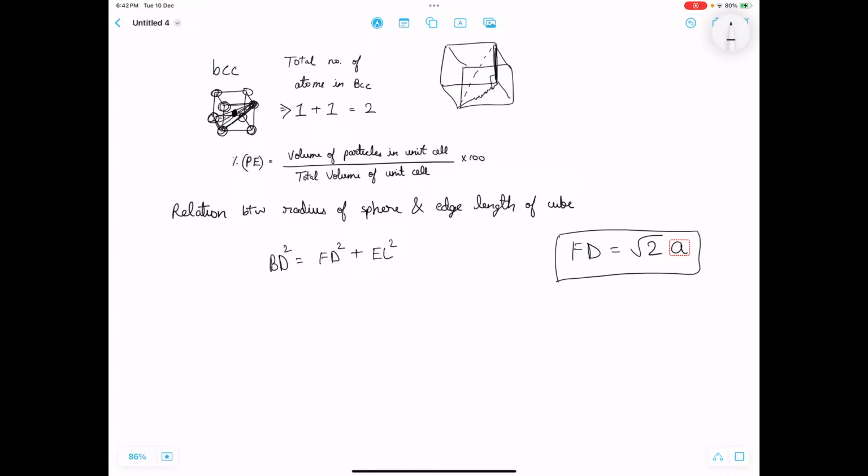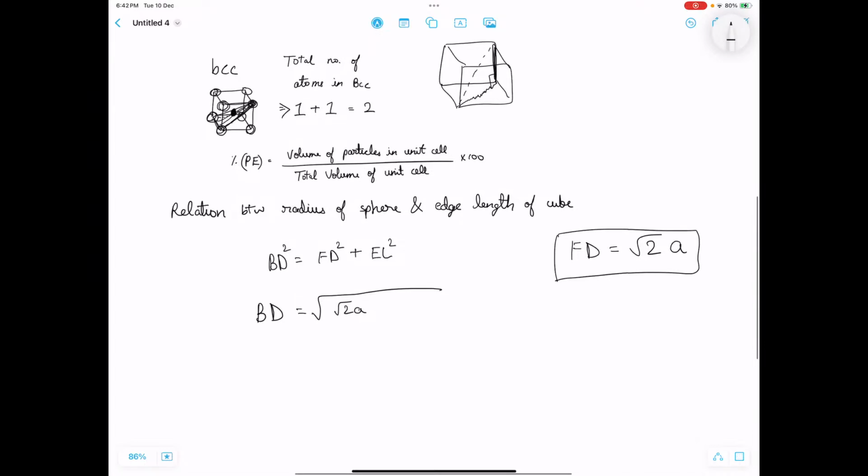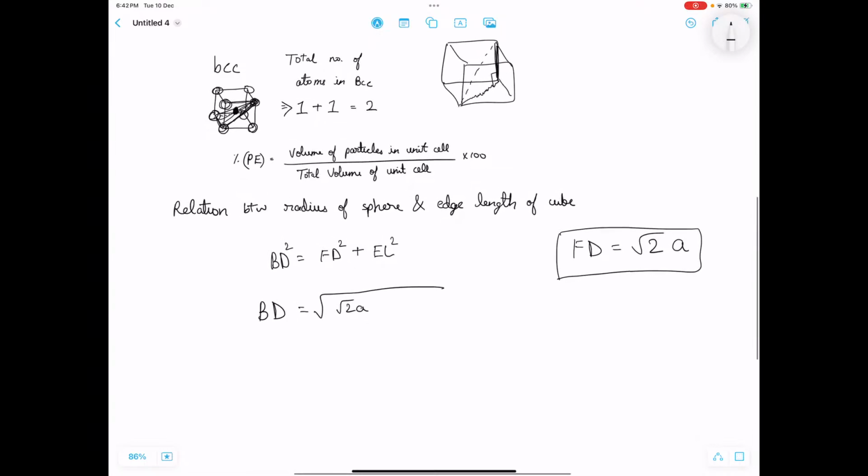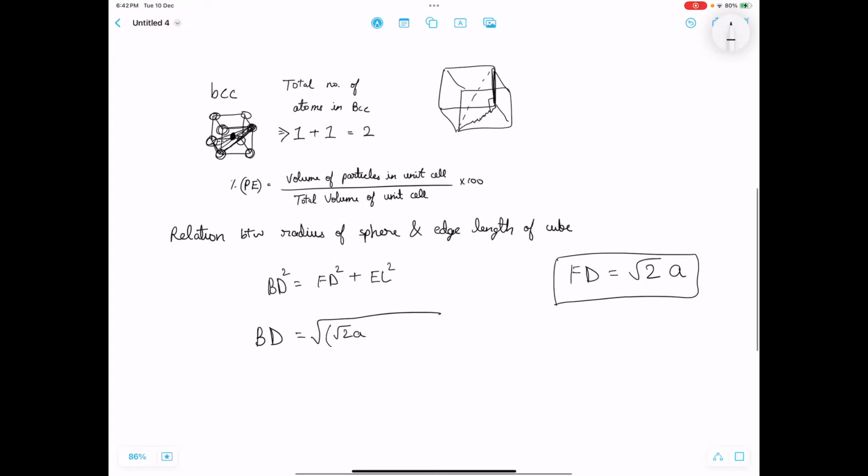So you can also write this as BD is equal to root of (root 2a) the whole square plus a square.